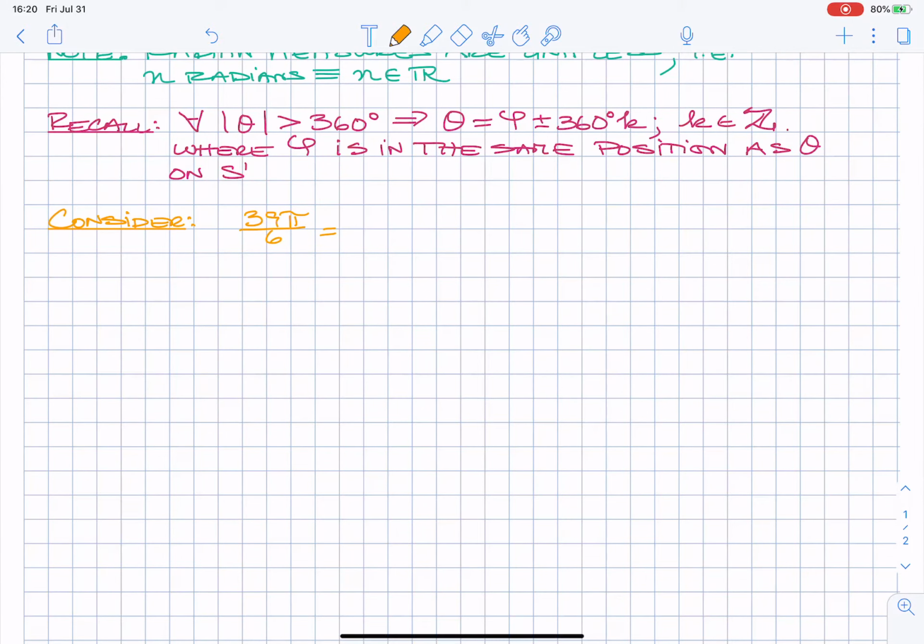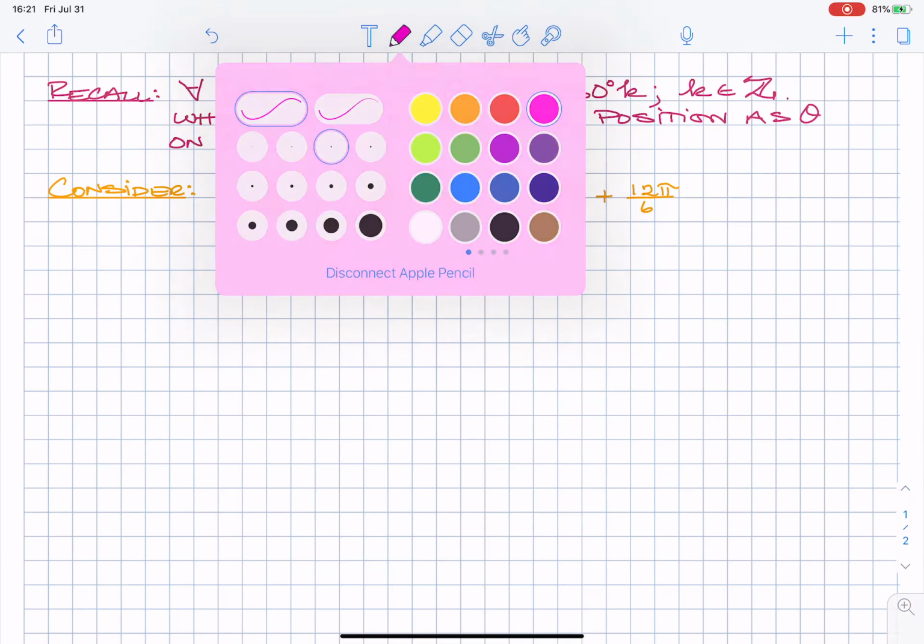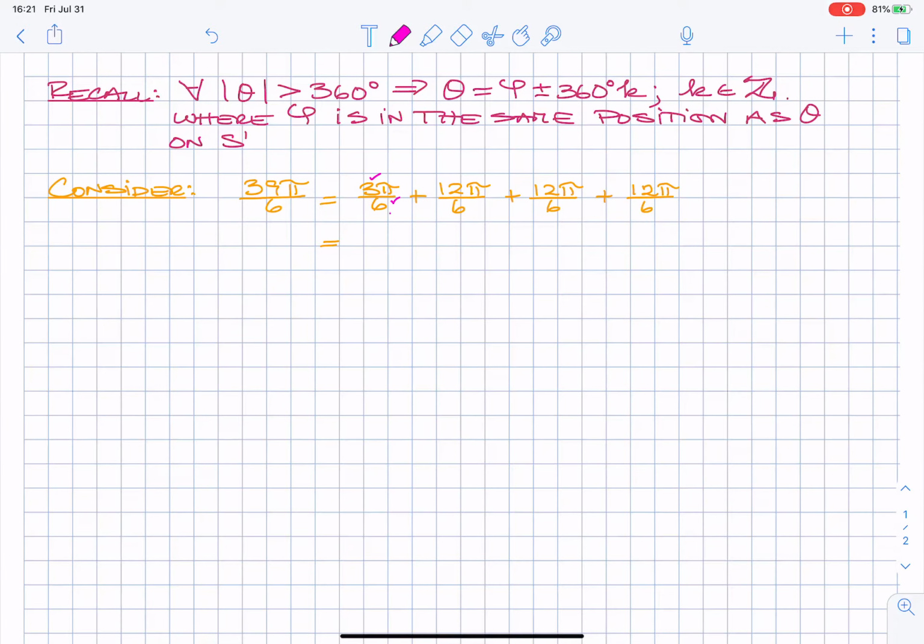Well, I claim that 39 pi over 6 can be thought of as 3 pi over 6 plus 12 pi over 6 plus 12 pi over 6 plus 12 pi over 6. 12 plus 12 plus 12 is 36, and 3 is 39. So 3 pi over 6 reduces to what?